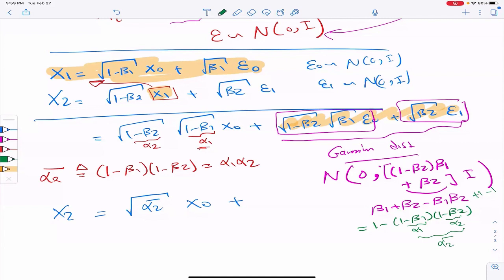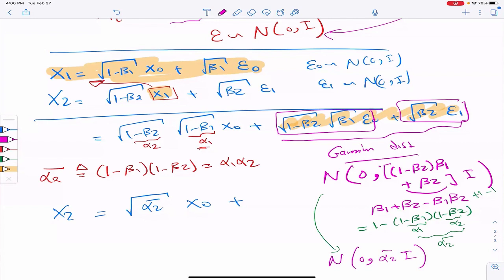So therefore, my Gaussian has 0 mean and variance 1 minus alpha 2 bar times identity. That's the combined noise that you're adding.